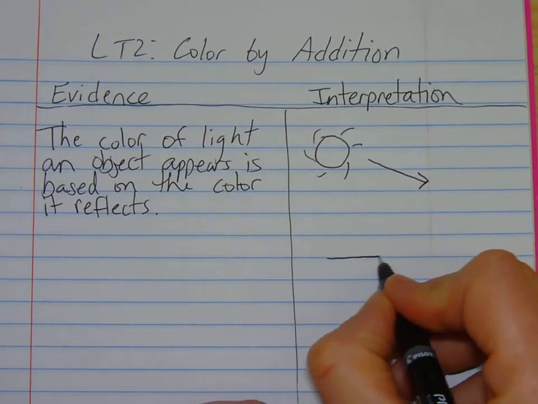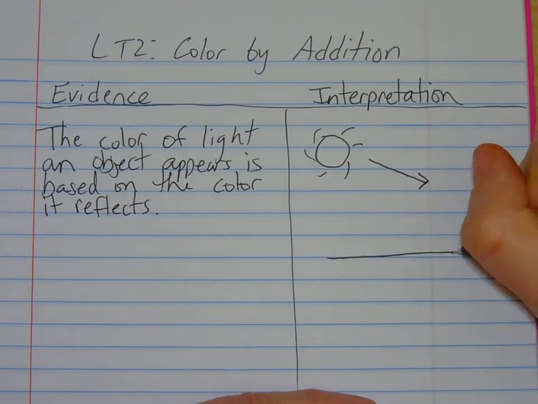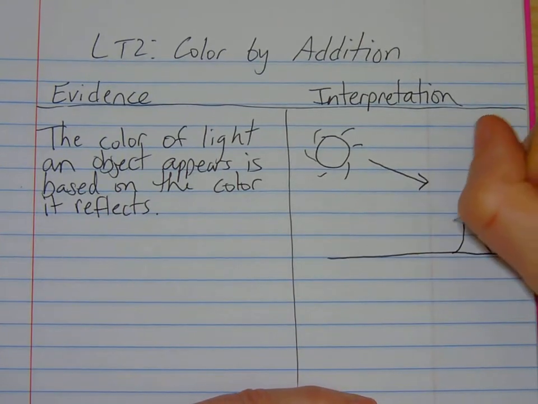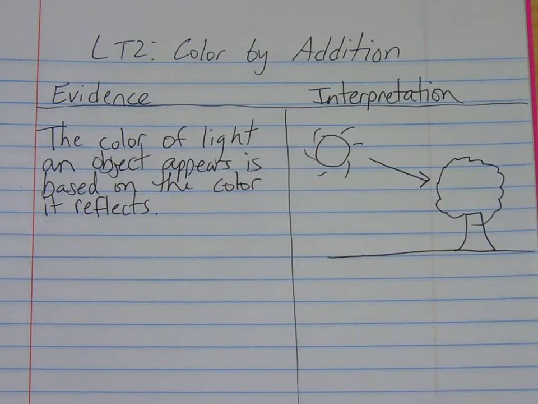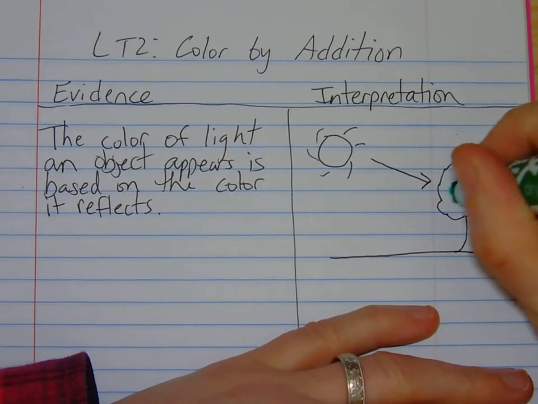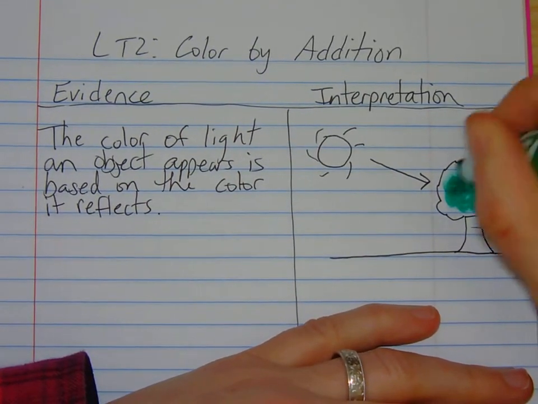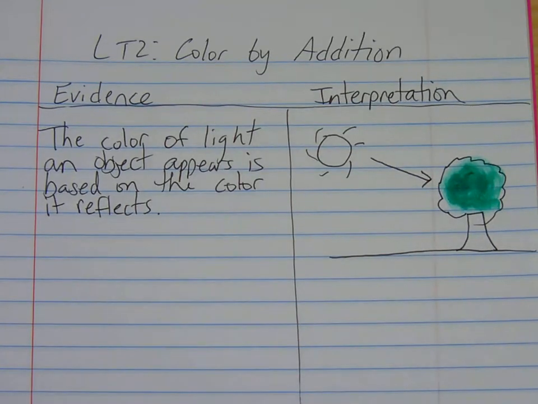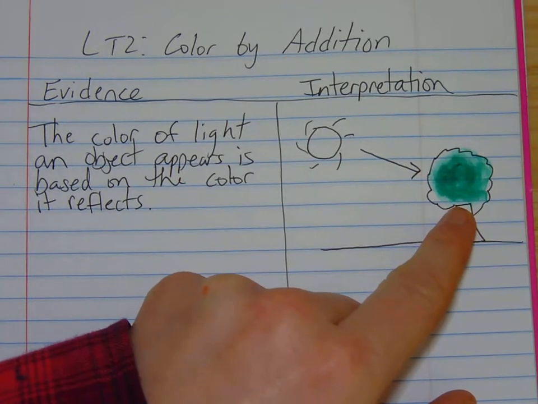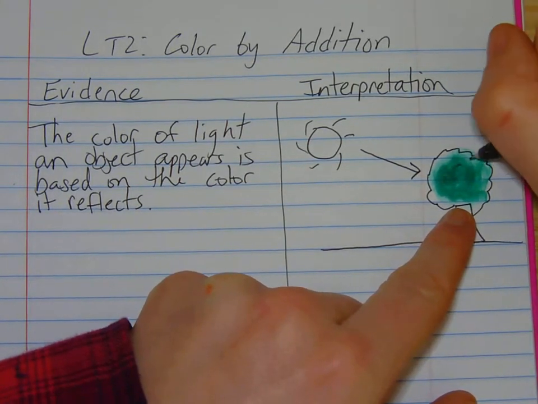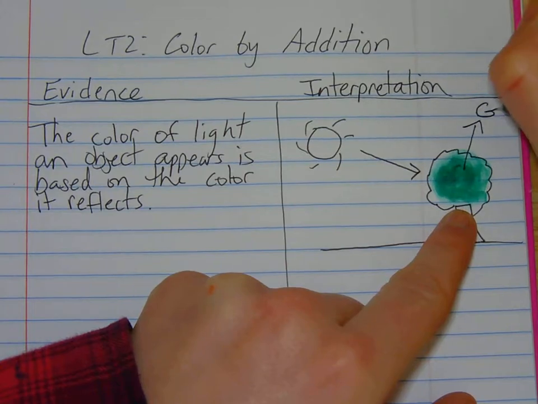And when we look out and we see a tree, you know how fantastic these drawings are, this tree has green leaves. It's the summer. So there's our green tree. The only reason that you can see that it is green right now is because that color is reflecting off.